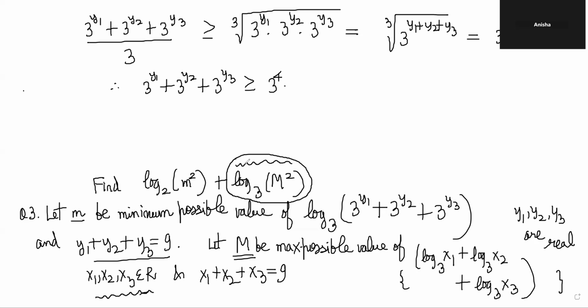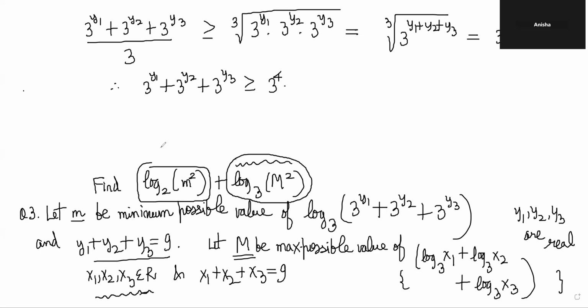So the answer that they have given is wrong then, because capital M is 3, the 2 is coming from there, and from here it is coming. So you made a mistake here. Log 2 of small m. What is small m? 4.